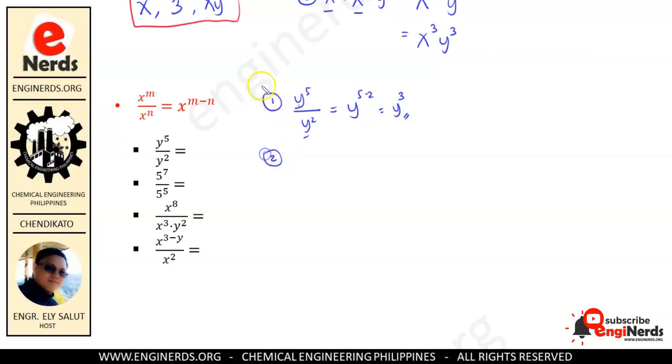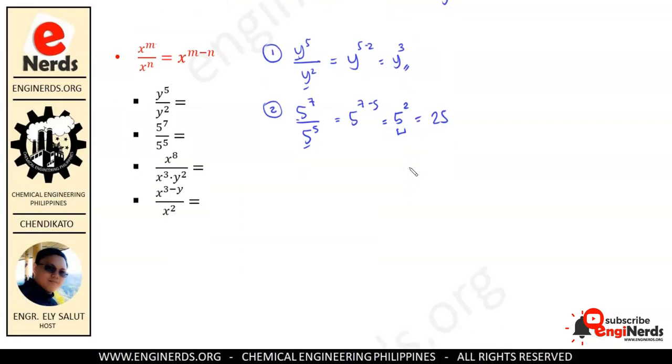Second problem, we have here 5 to the 7th over 5 to the 5th. So, our base is the same, 5. We will have here 5 to the 7 minus 5, which is equal to 5 squared, which is equal to 25, because 5 times 5 is equal to 25. Now, let's go to the next problem.